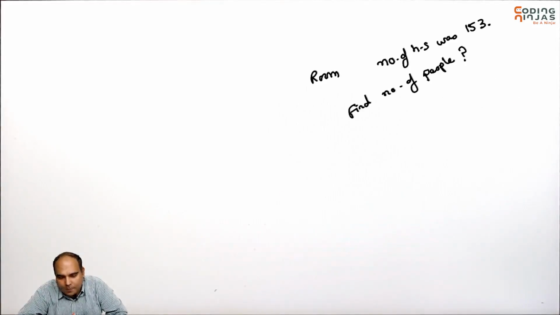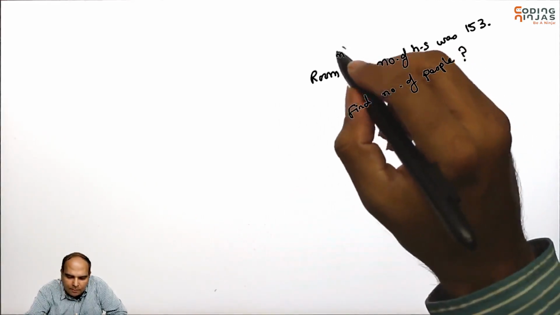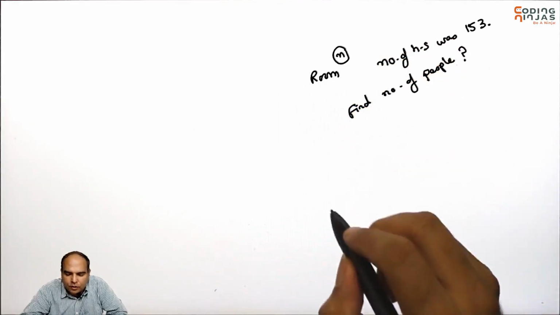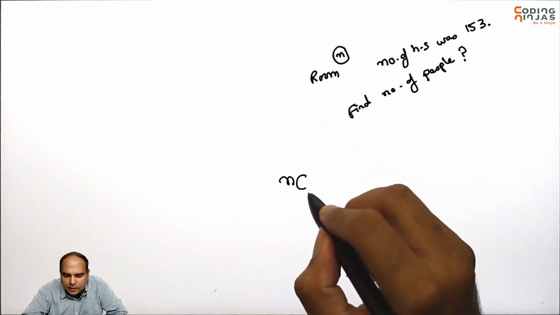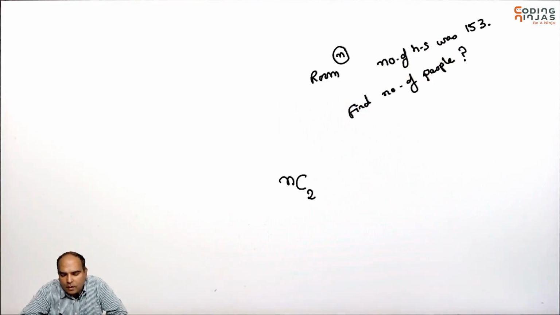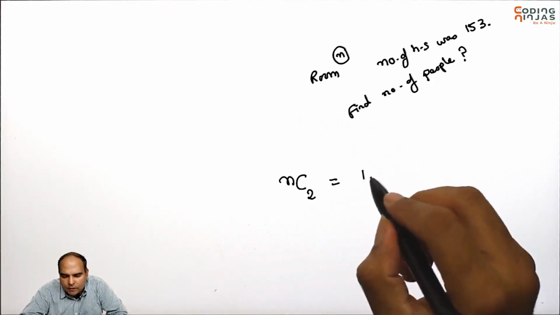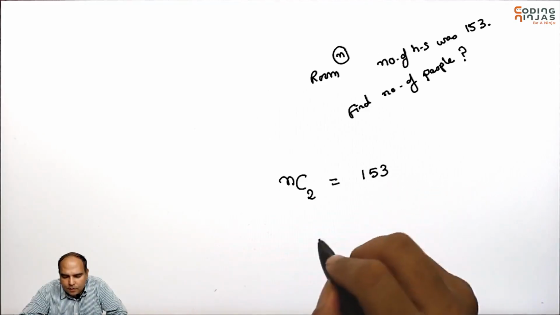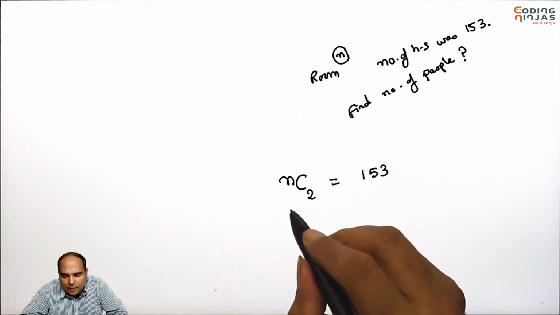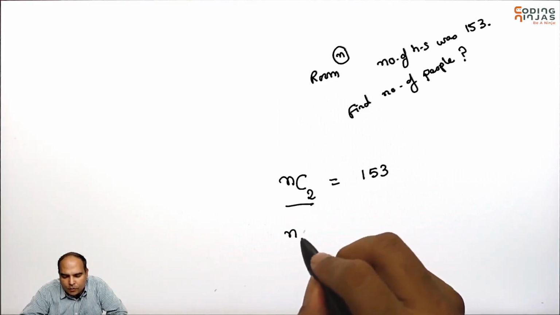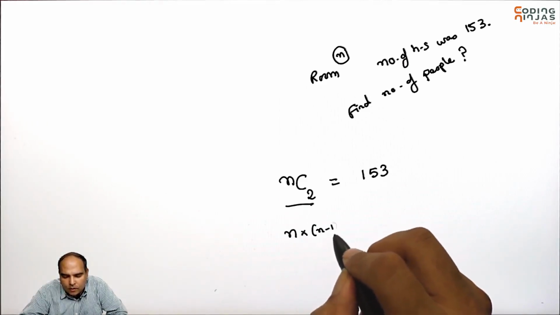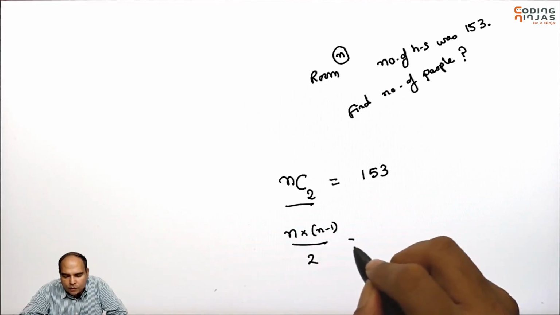So in this scenario, because the room has, let's say, n people and everybody shakes hands with each other, the number of handshakes is NC2, and this value is given as 153. When you expand the value of NC2, it is n into n minus 1 by 2, which is 153.